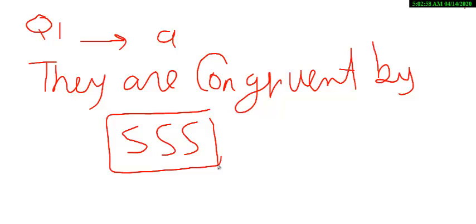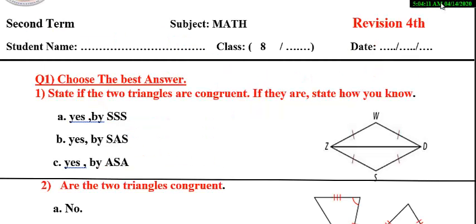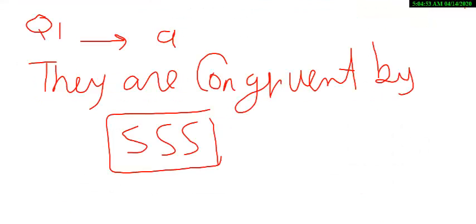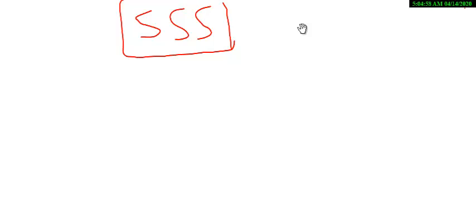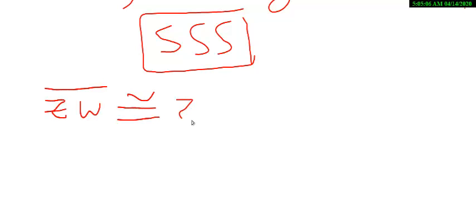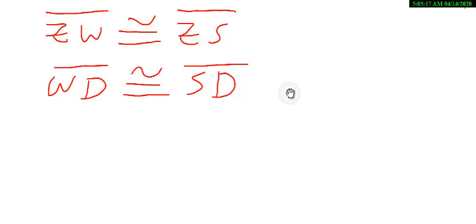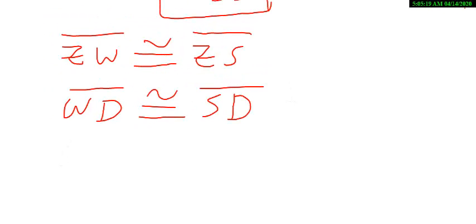We need to illustrate it for you, according to the given example. So I'm going to illustrate it. The side ZW is congruent to the side ZS from the figure, and WD is congruent to SD, and the last side, which is ZD, is common between both.